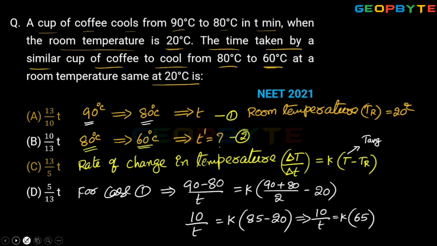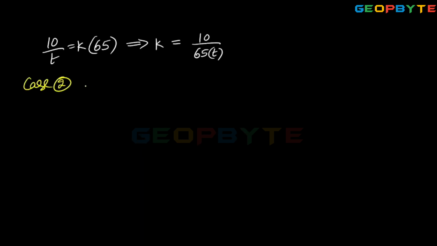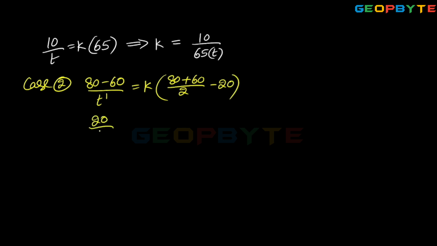80 minus 60 by T dash, here the time is T dash, equal to K into 80 plus 60 divided by 2 minus room temperature, which is the same, 20 degrees centigrade. Here it is 20 divided by T dash equal to K into 80 plus 60, 140 divided by 2, 70 minus 20.